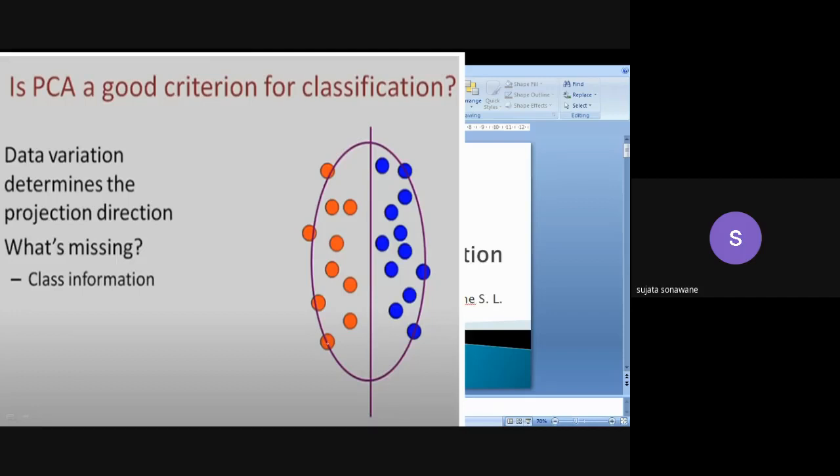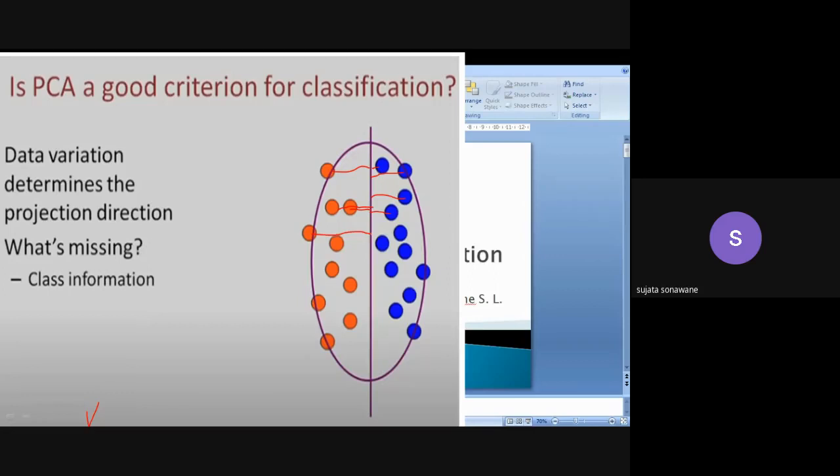As we have seen previously, we will again map all these points on this line. But when we map these points on this line, you can see that both the blue and orange points lie on this line.